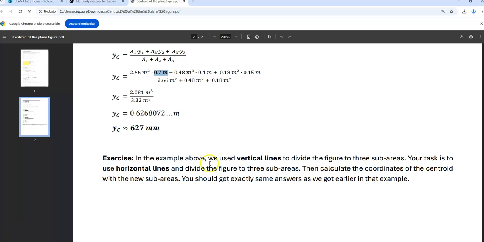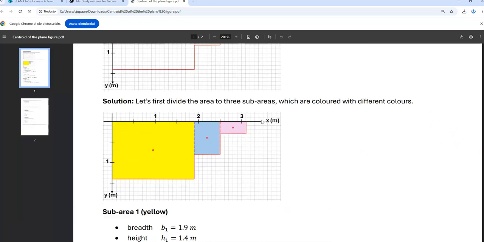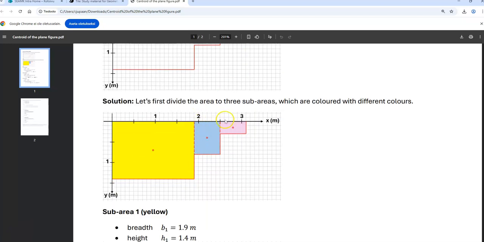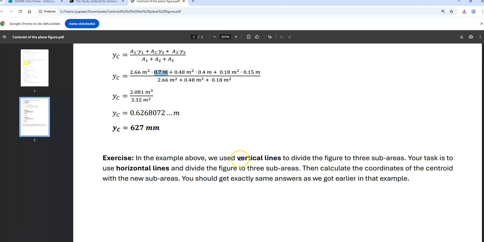The choice which I made in this example was that I divided this figure into sub areas by using vertical lines, as you see here. We have other options also.